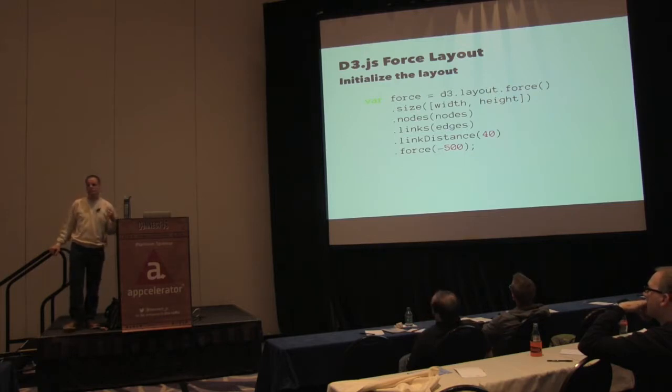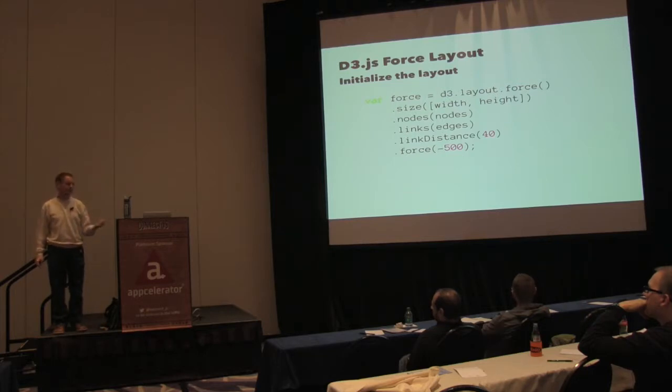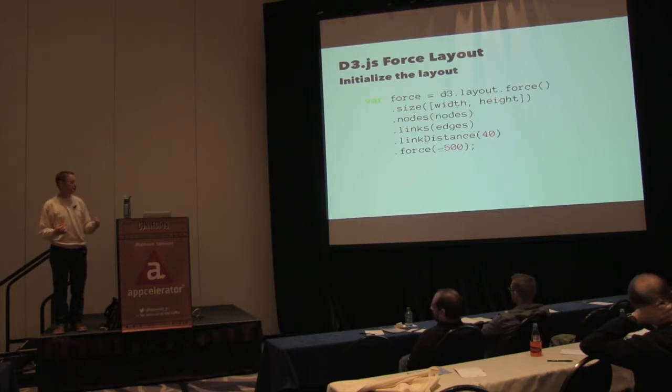As with the case with Sigma.js, the best way typically to find the good parameters for this is trial and error, because even though they have sort of physical meaning in the sense that there's charge and there's gravitational force, it's virtually impossible to anticipate what that's going to do on a real graph. So you really have to do trial and error.